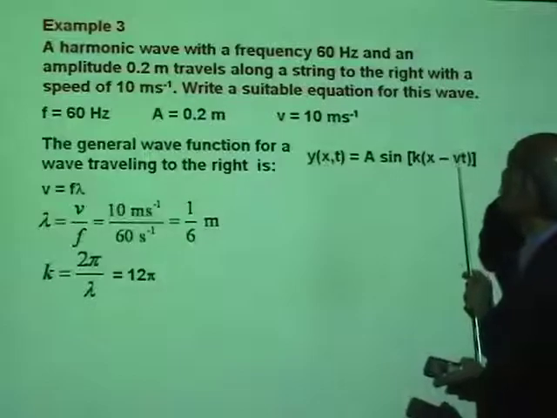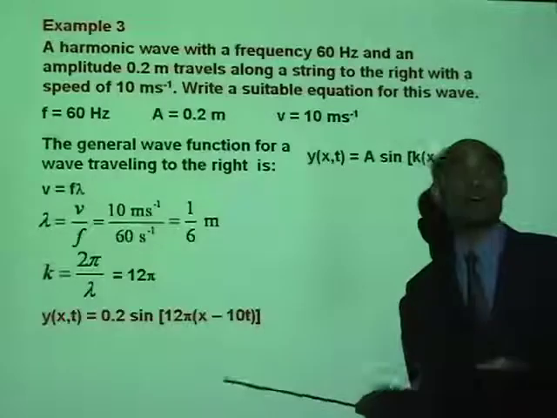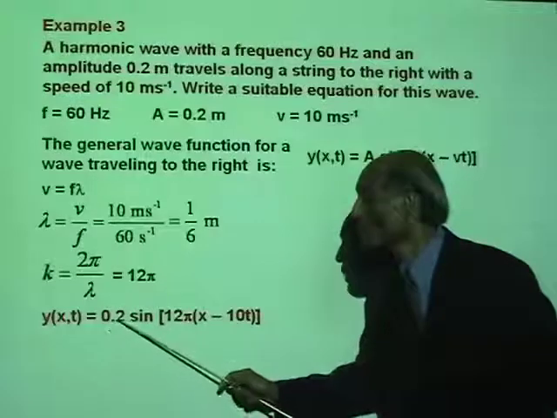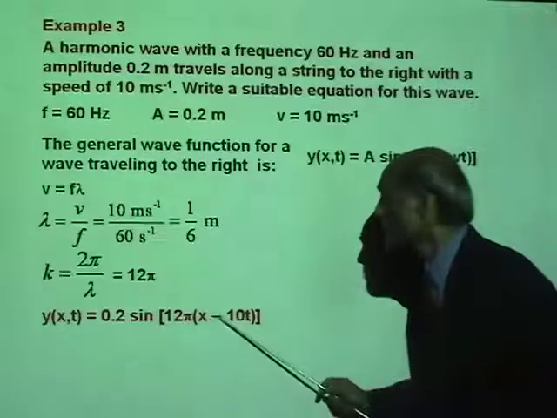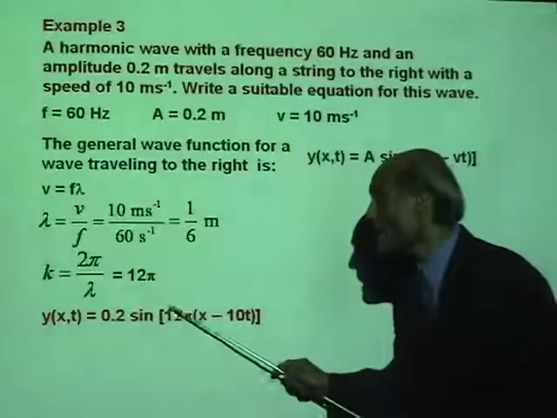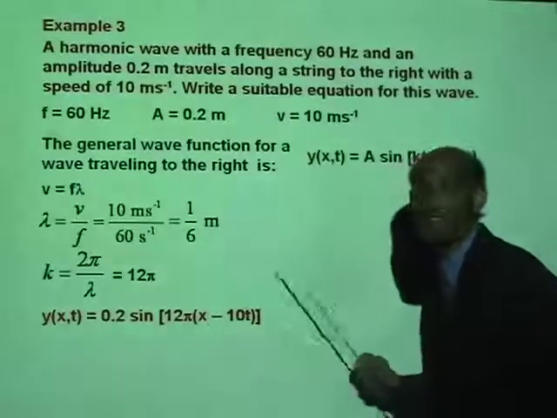So we now know the value of k. We know the value of v. We can now write the equation for that harmonic wave. That will be y(x,t) equal to 0.2 sine 12 pi times x minus 10t. Look at that again. A sine k times x minus vt.